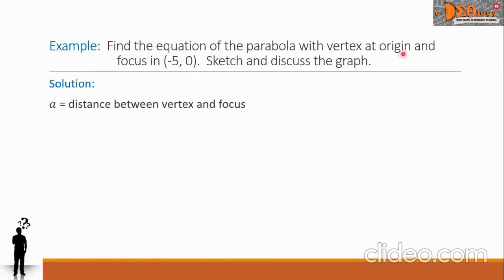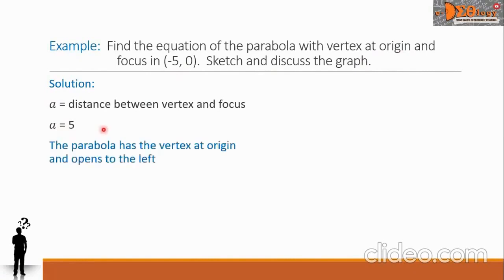And since the origin is the vertex and the focus is at negative 5, 0, it means a equals 5. From here, we can say that the parabola has the vertex at origin and opens to the left. Writing now the general equation of the parabola, this is now y squared equals negative 4ax.